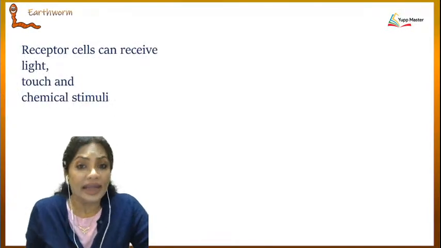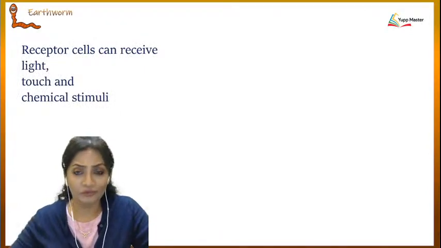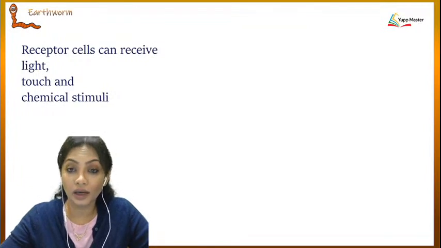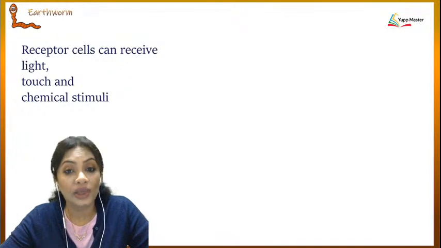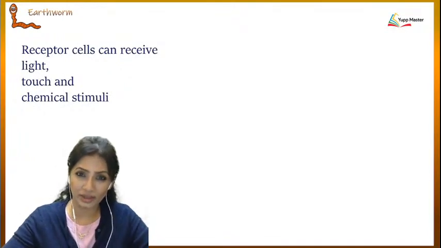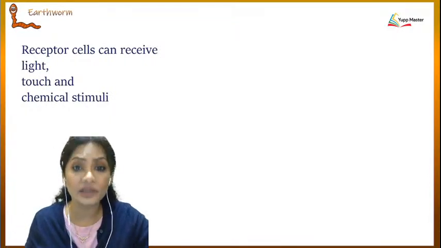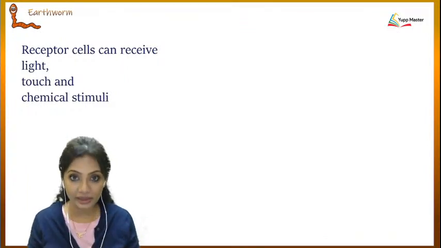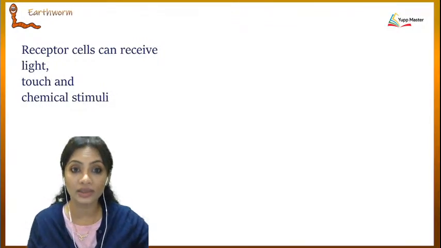Now, next, when we're talking about the nervous system, we cannot forget cells which can perform sensory functions. There are cells called receptor cells. If they are receptor cells, what exactly are they going to be perceiving? They perceive the sense of light, the sense of touch, and chemical stimuli.